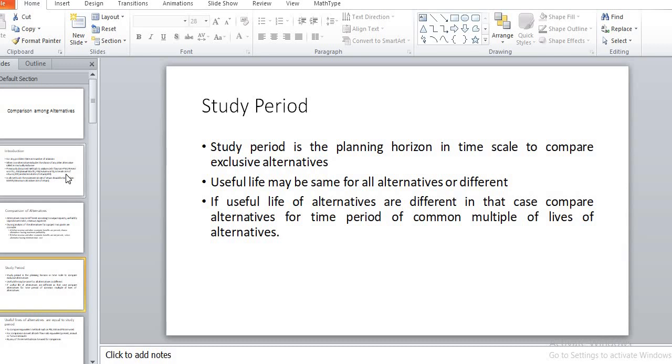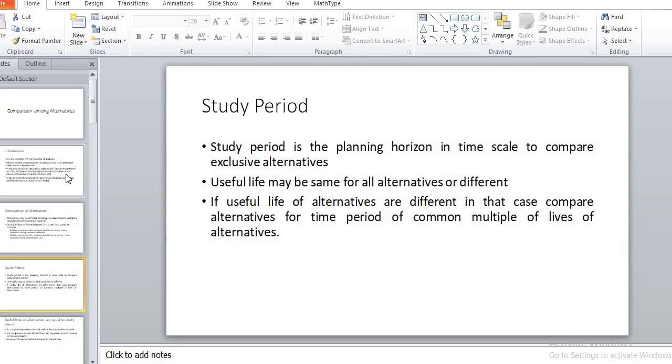Here we evaluate a number of projects for a particular problem, and each project may have the same or a different time span. If different, then we say the projects have unequal lives.